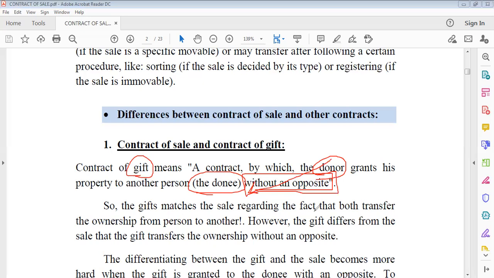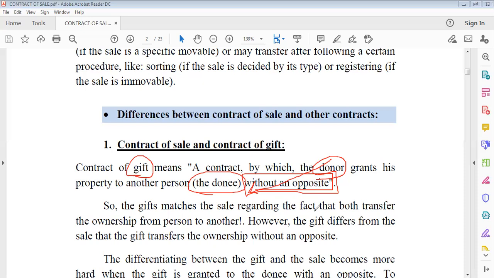Like the price is given to the seller in opposite of the movable or immovable thing. However, the buyer is given the sold thing, or the sale between brackets, in opposite of the price that he pays to the seller.